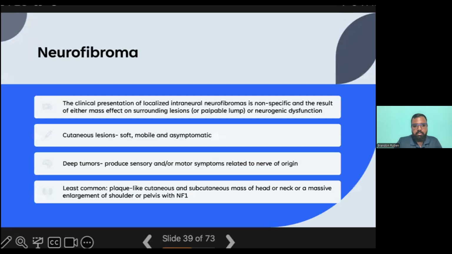Cutaneous lesions are soft, mobile, and asymptomatic, while deep tumors produce sensory and/or motor symptoms related to the nerve of origin. Least common is a plaque-like cutaneous and subcutaneous mass of the head or neck, or a massive enlargement of the shoulder or pelvis, which are common in NF1 patients.